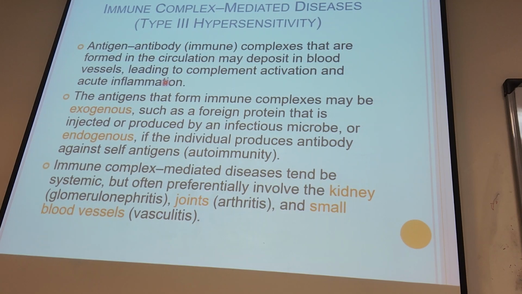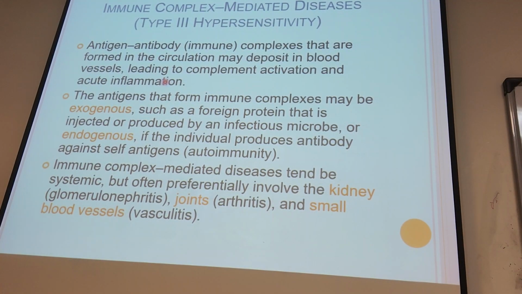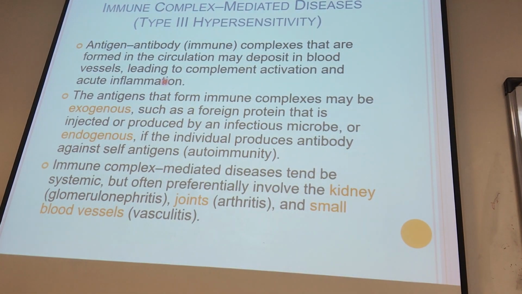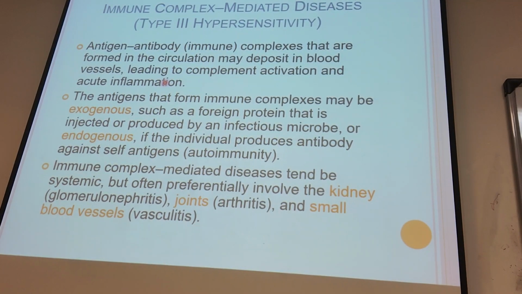Okay. And about the third type, what is the difference between second and third? I told you. In the third type, we have antigen-antibody complexes. Okay, what happens to these complexes? They accumulate in the joint and cause arthritis. They are deposited, yes?